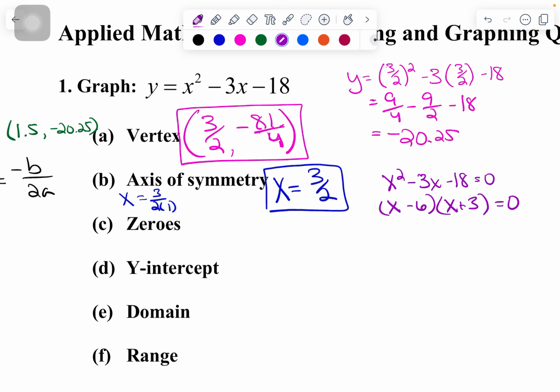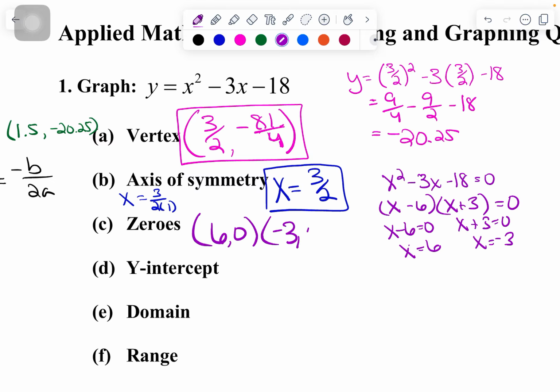Yeah, those are my correct factors. So set the factors equal to 0, and that gets me x is equal to 6 and x is equal to negative 3. So my zeros are 6 comma 0 and negative 3 comma 0. They're your x-intercepts. Zeros have a couple of different names that we use.